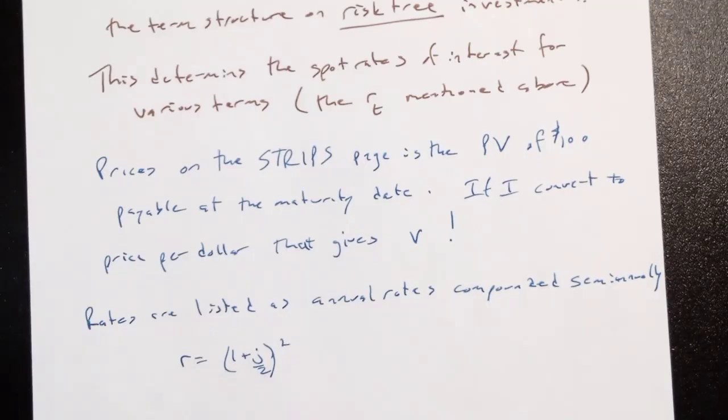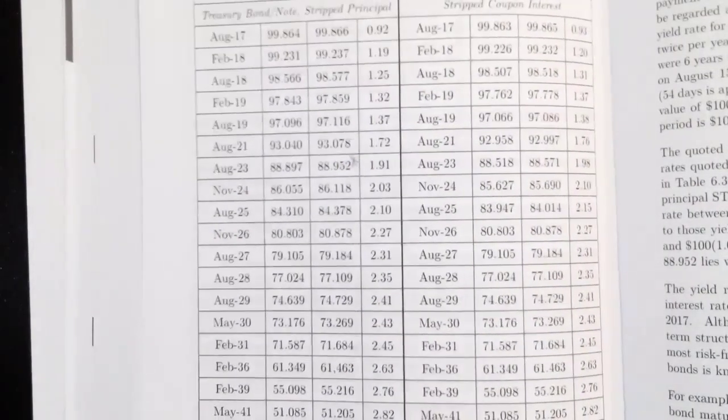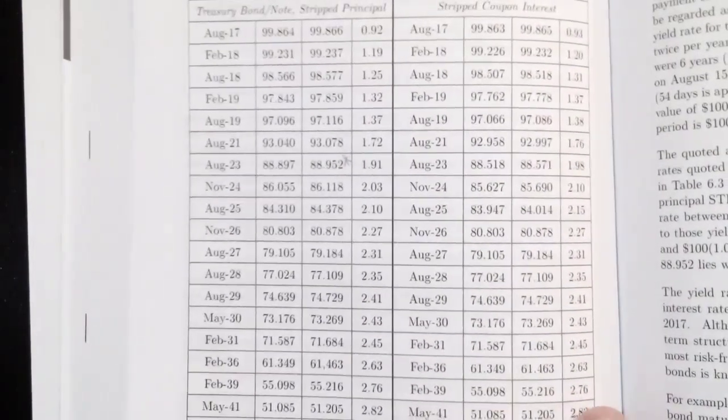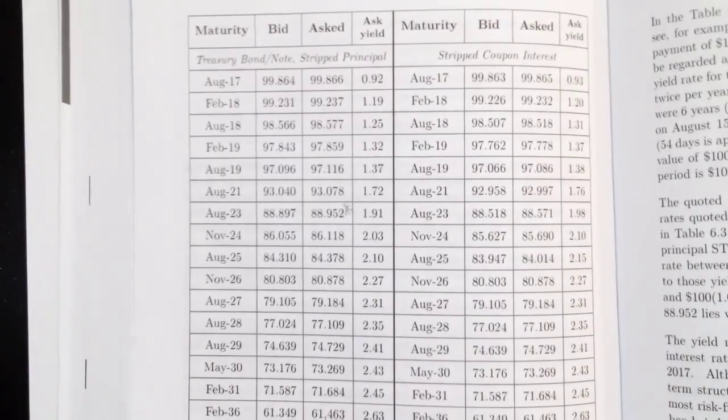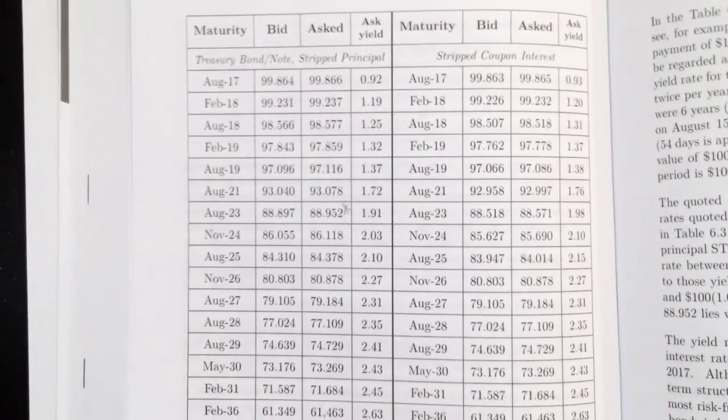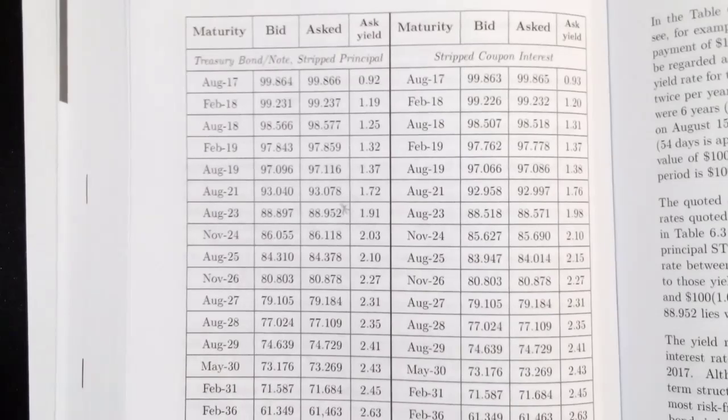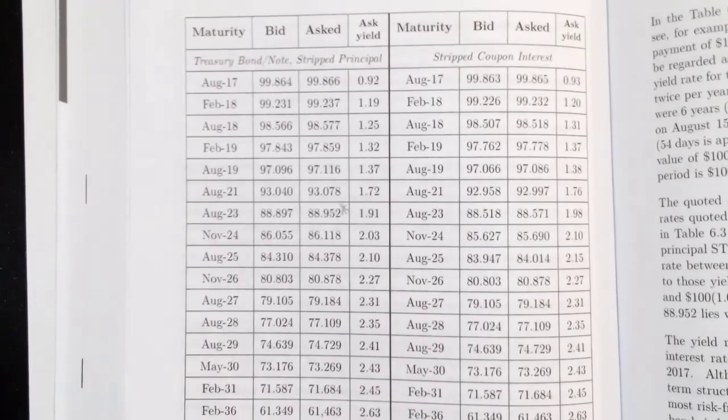Now, here's where I can say things changed. Here is a table from the Wall Street Journal that I can't find anymore. The Wall Street Journal no longer carries the strips price.